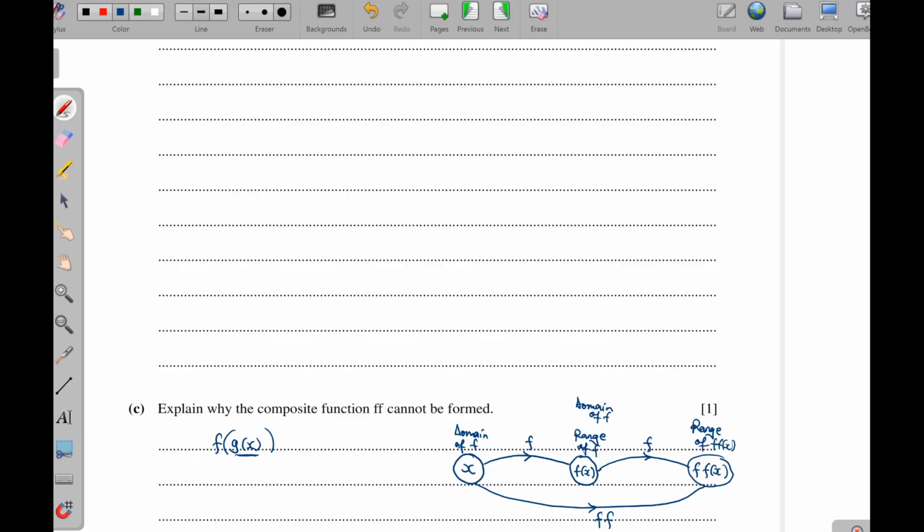But you are having g here, what comes out is the range of that g. Are we there? Now, the range of the g must fit into the domain of the f here to have the composite here. You see that? But now, when we look at these two here, what is the range? Range of f, we have seen it is 0 less than f of x, then less than what?